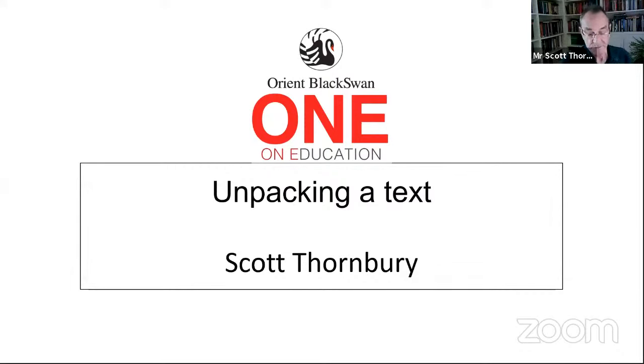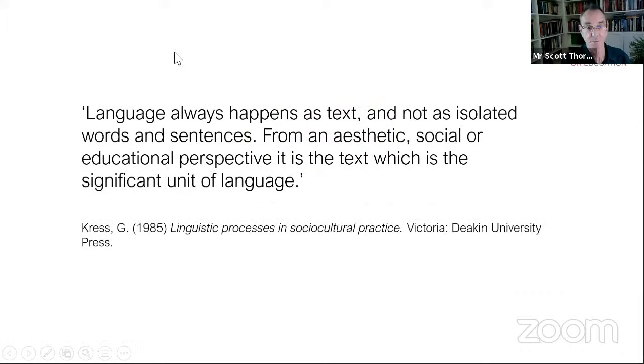So my topic is text, and I'm going to start with a text about text. This comes from a book that's been around for quite some time now, but it captures, I think, quite clearly the principle on which this talk is based, that language always happens as text.